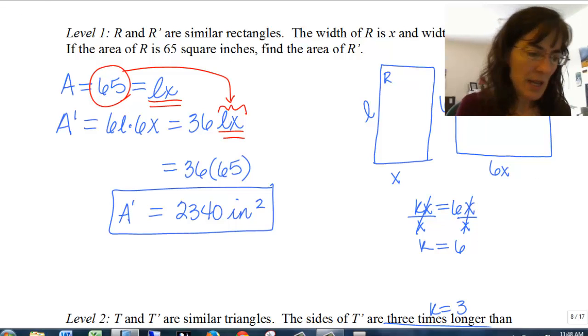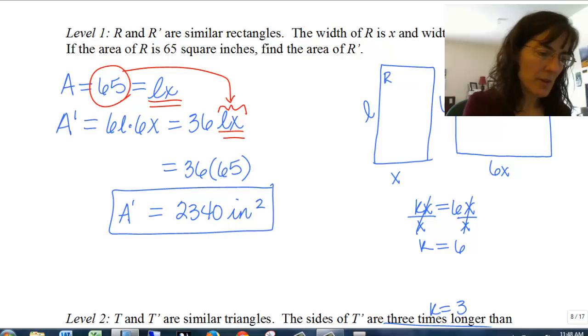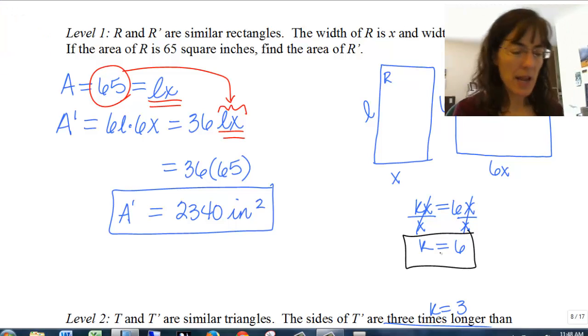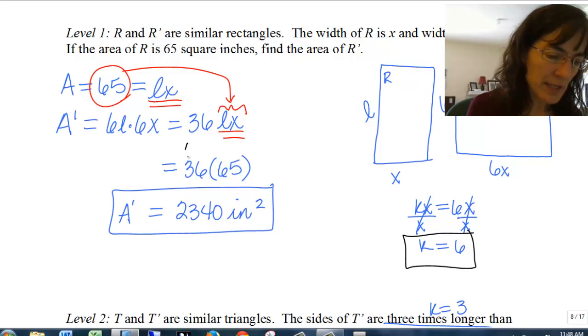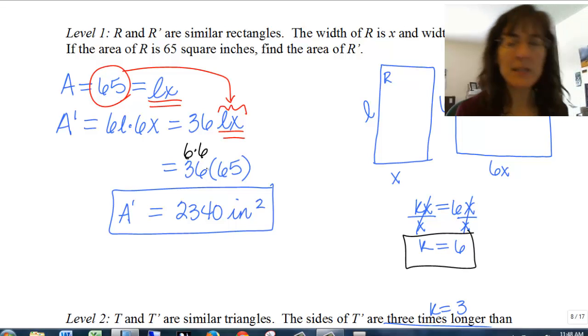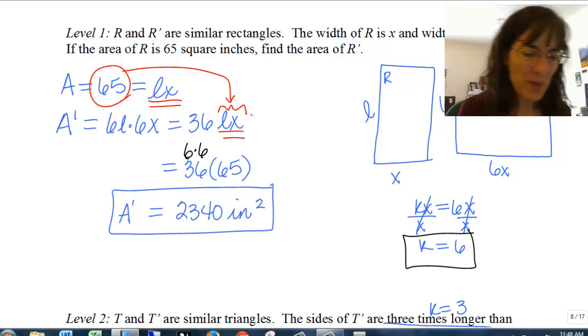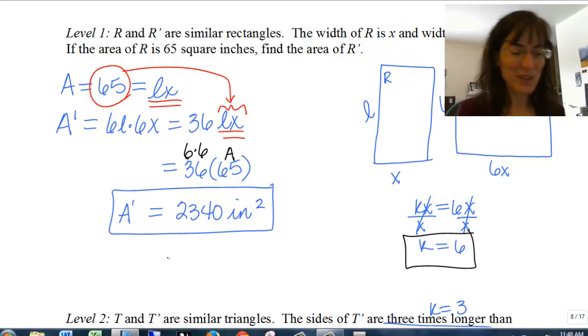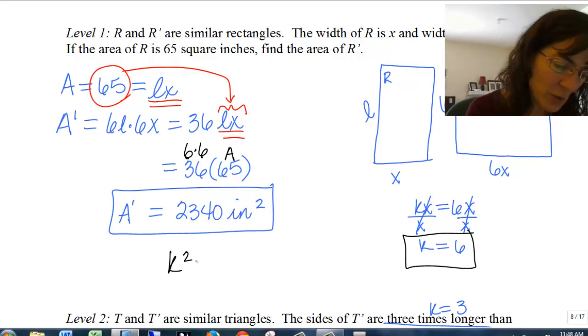My K is 6. And then I'm looking over here and I see that I did 6 times 6 to get that 36, but the 65 is my A. So it looks like I can do K squared times A to get my A prime.